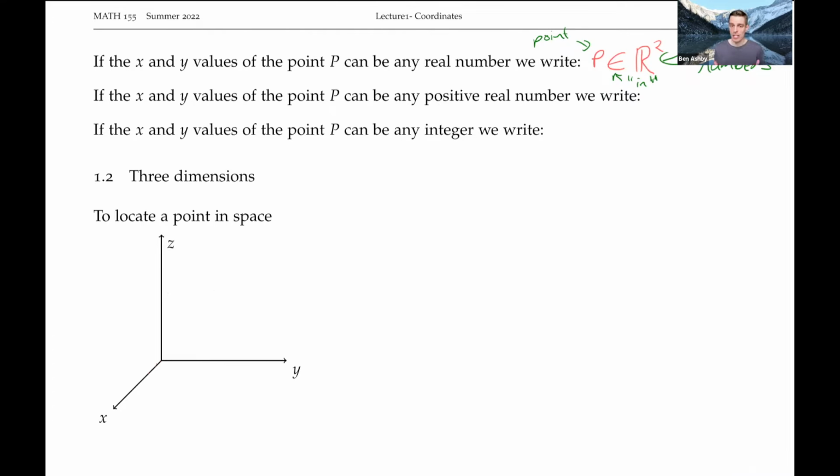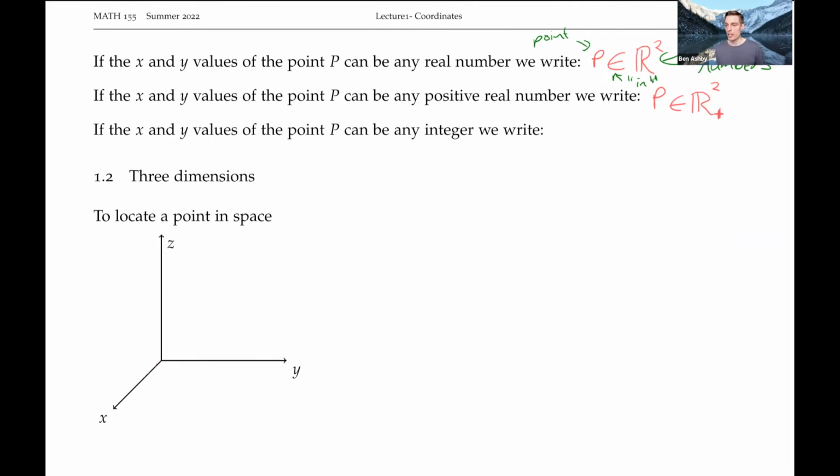Sometimes you'll see this in a textbook written just in boldface, but because we can't do bold when we're writing things out, we put this extra line through it to indicate what we mean. So if instead x and y are any positive real number, then we would write P as being an element of, or in, R2, because again, we've got 2 real numbers, but because they're positive, we can indicate this by a subscript plus.